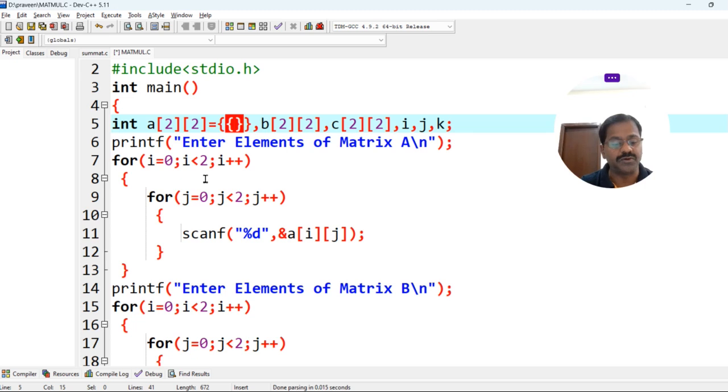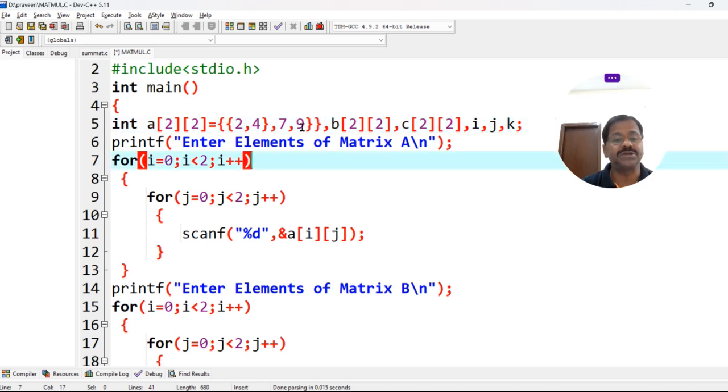Okay, for example 2 by 2, 2 comma 4, like this also we can give. Okay, you see 2 by 2 matrix now. 2 by 2 matrix means some 7 comma 9. Okay, you see here, this is the 2 by 2 matrix. This is the initialization. This is the static constant method.